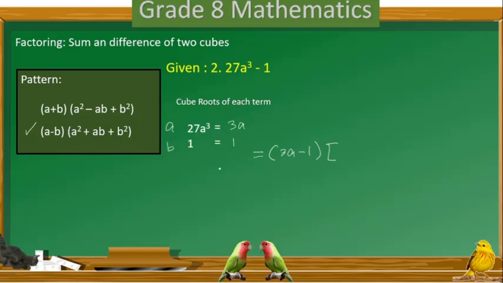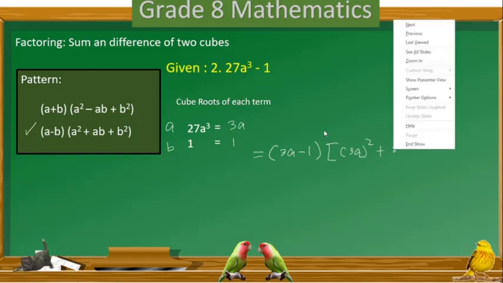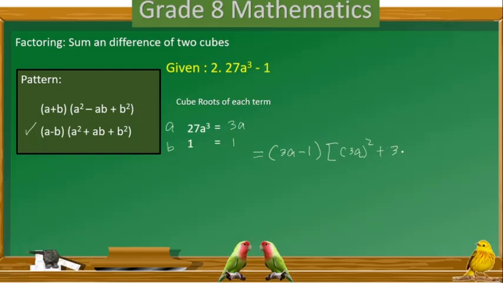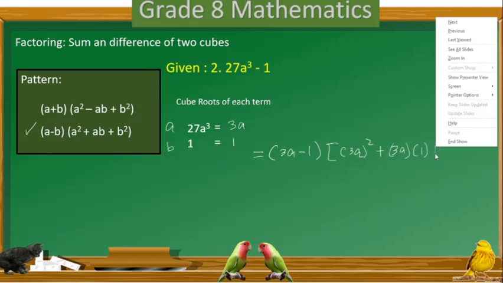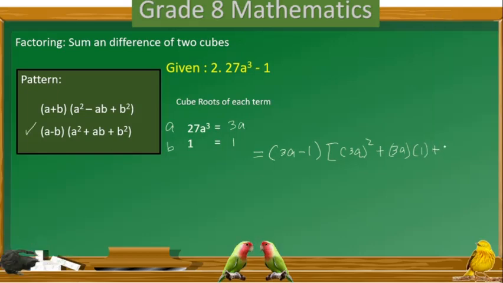Then it says we have to square the value of A, that is 3a, then plus the product of A and B. For A we have 3a, then 1 for B, then plus the value of B squared. The value of B is 1, then square.